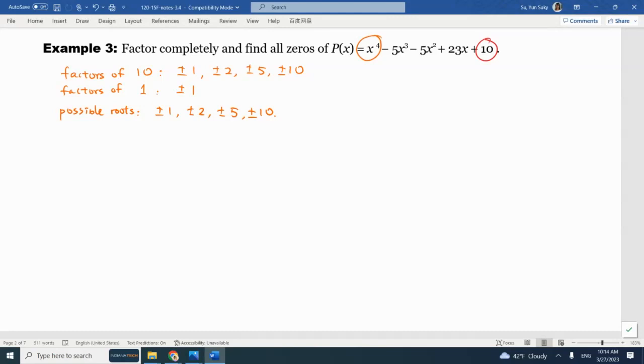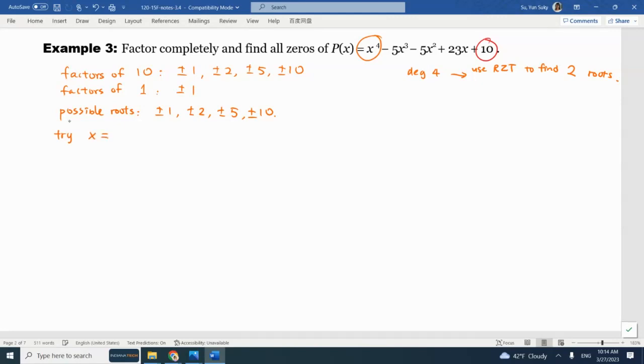So far, so good, everybody? Now let's try. This is degree 4, so we use the rational zero theorem to find how many roots? 2 roots. Okay, everybody?